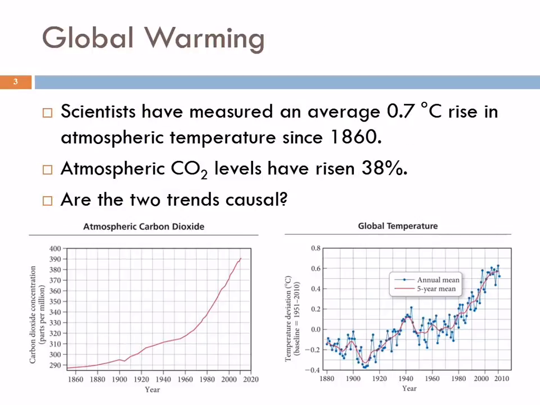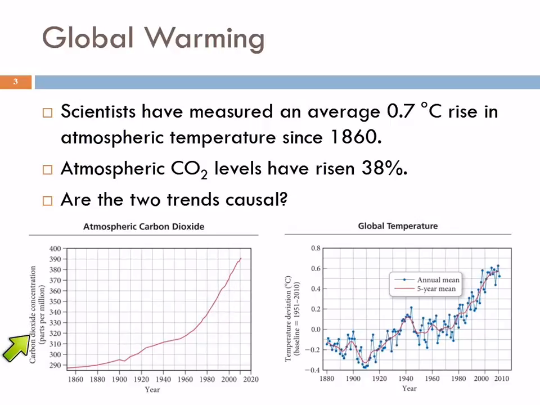So since 1860, here's a graph. They've measured a 0.7 degrees Celsius rise in average atmospheric temperatures. Now, this graph looks alarming, doesn't it? You're like, oh my goodness, it's going straight up.